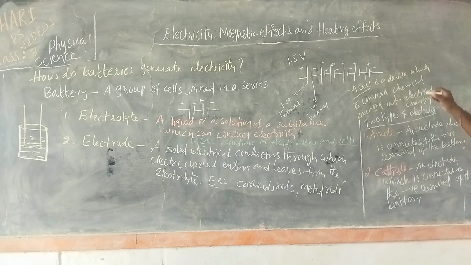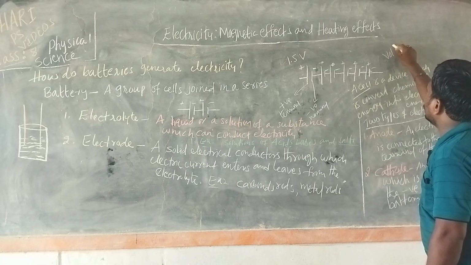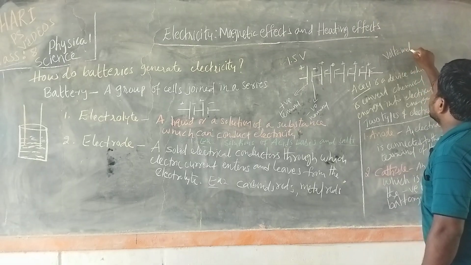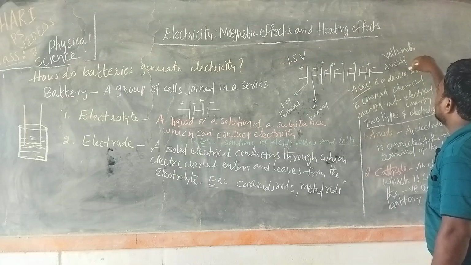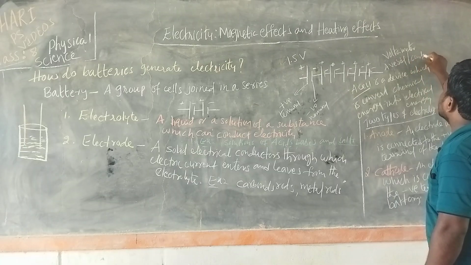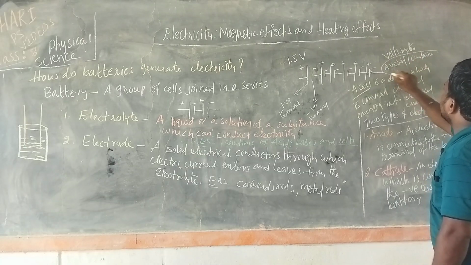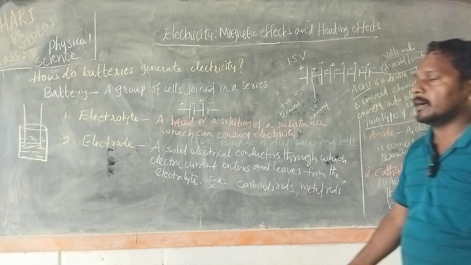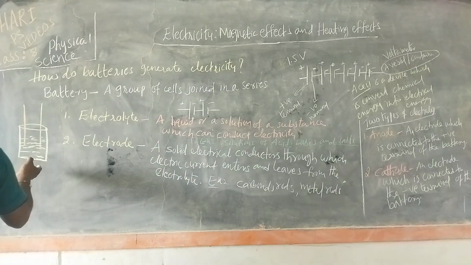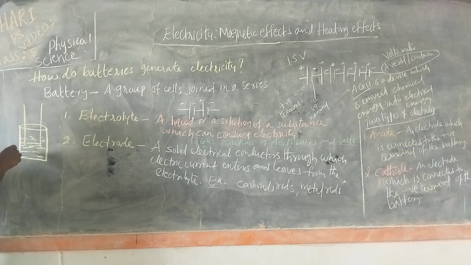That kind of container, a vessel or a container, is called a voltameter.